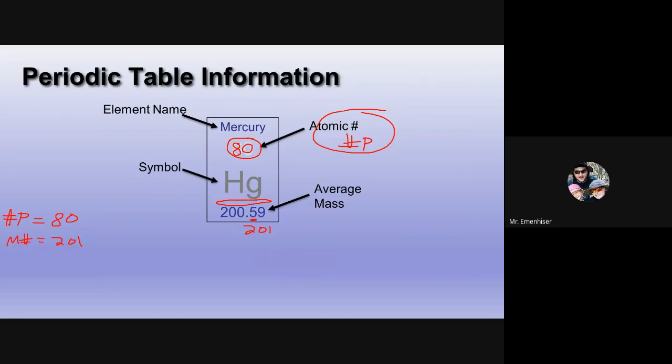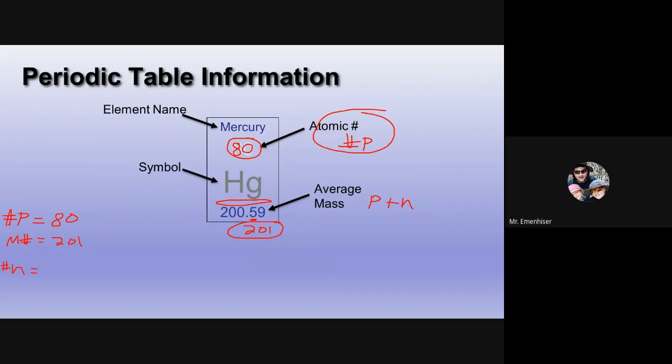Remember that the mass number is protons plus neutrons. So how could we determine how many neutrons this has? Number of neutrons. Well, we know the mass number is 201, and we know the number of protons is 80. So how can we get the number of neutrons? We could subtract them.